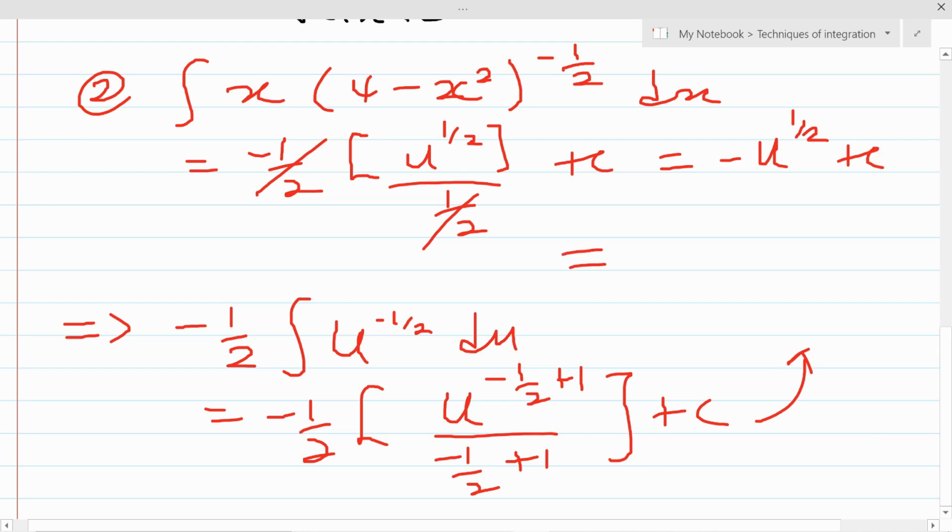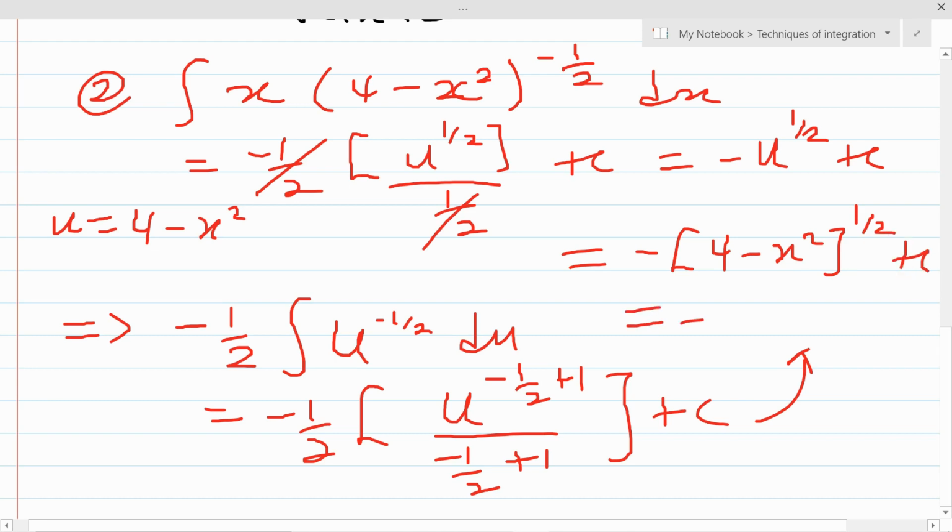And what was our u? We let u be equal to 4 minus x squared. So we put our u back: negative 4 minus x squared all to the power half plus c. And this can be negative square root of 4 minus x squared plus c. This is very, very simple, right? So that is it for the integration.